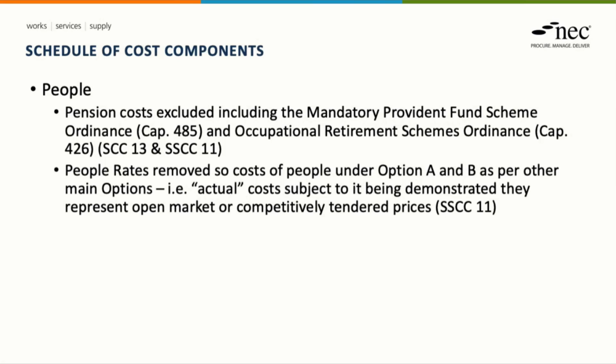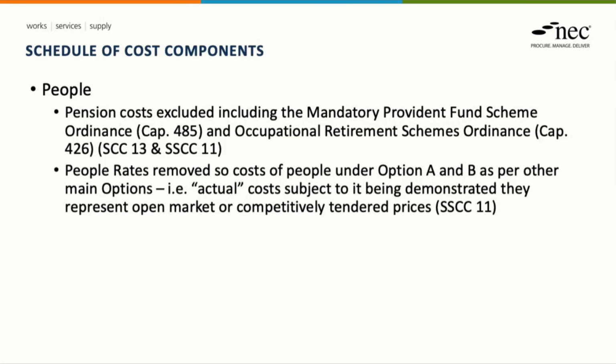Now I'm going to move on to cover the changes made to the scheduler cost components and the short scheduler cost components. So within both the scheduler cost components and the short scheduler cost components, pension costs are excluded, including those related to the Mandatory Provident Fund Scheme Ordinance and the Occupational Retirement Schemes Ordinance.